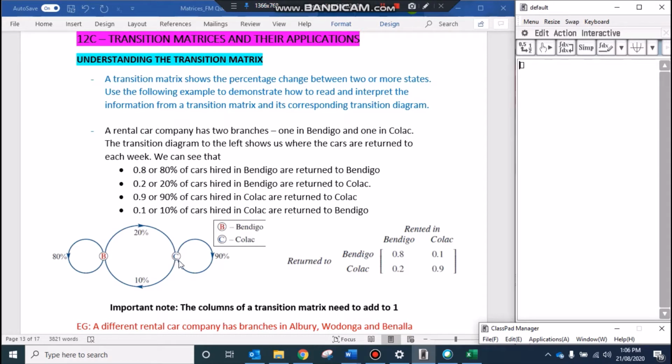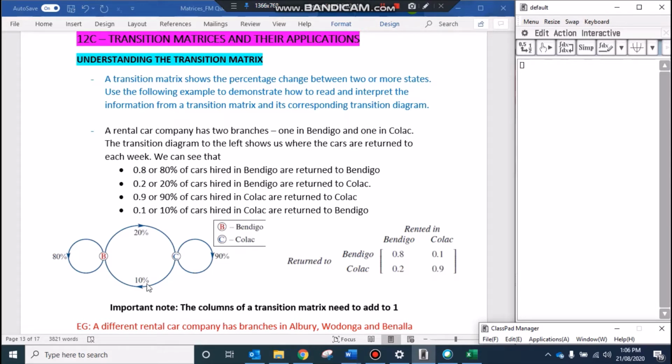And similarly, we see that 90% of cars hired in Colac are returned to Colac. That leaves only 10% of cars to be returned to Bendigo. And we can see that shown here. Rented in Colac and returned to Bendigo, 0.1, which is our 10%. Rented in Colac, returned to Colac here, that's our 90%.